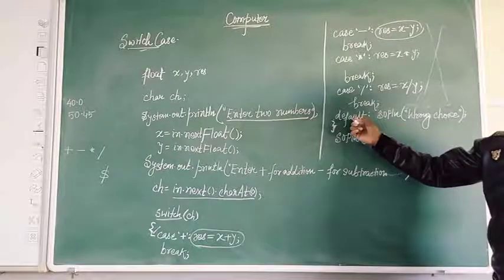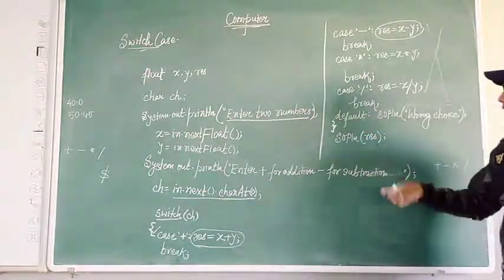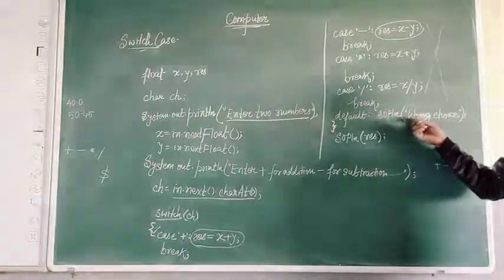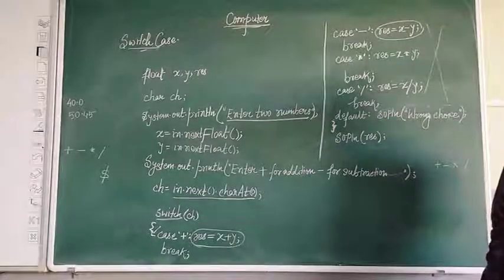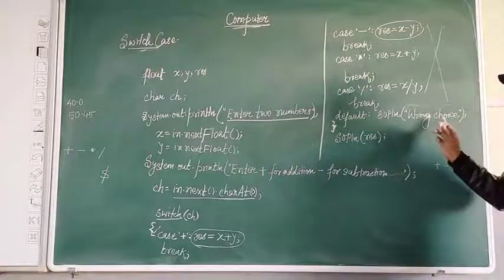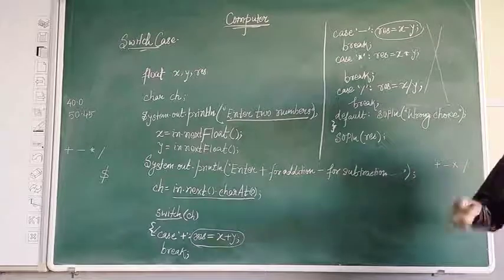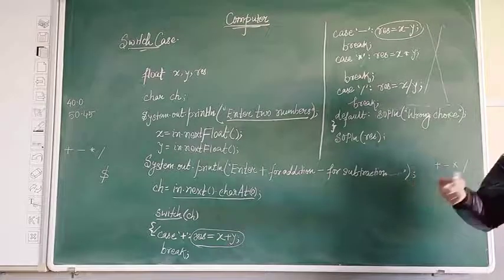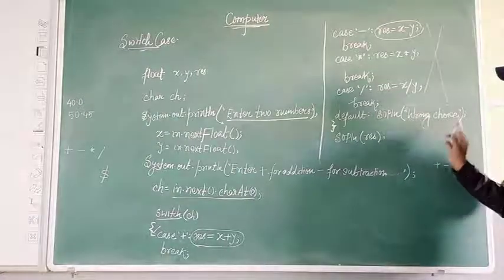If by mistake the user gave something else, then this part will be executed. System.out.println wrong choice. Isn't it great? Why? Because the user will come to know that by mistake they have input something else which they were not supposed to. So a suitable message is being displayed, wrong choice.